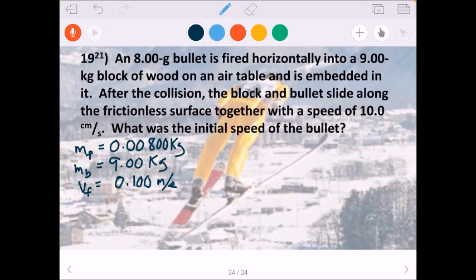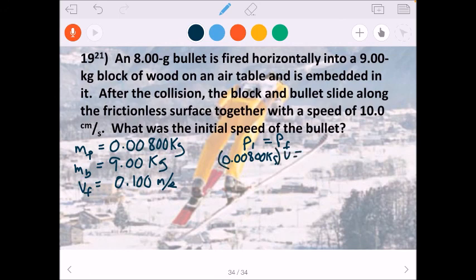Now, to find the velocities, I know my initial momentum of my bullet has to be equal to the final momentum of my bullet and block combination. So my initial momentum of my bullet is going to be its mass, which is 0.00800 kilograms, times its velocity, which I do not know.